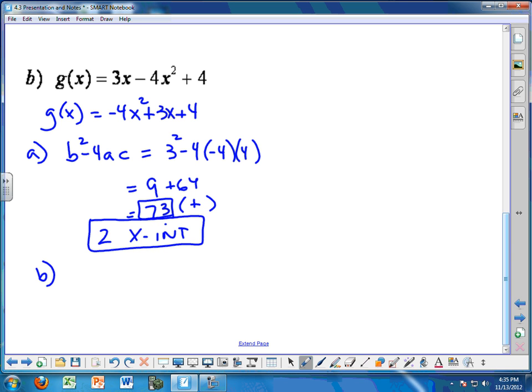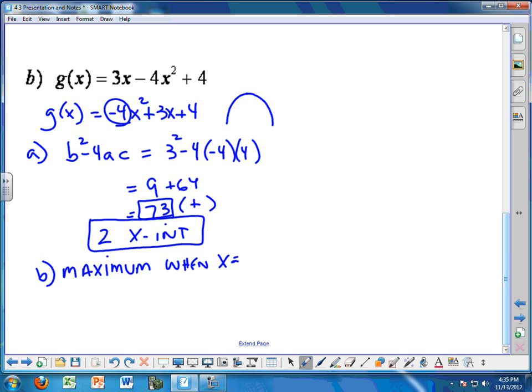Next, we want to find out if there's a max or a min. Well, because this leading coefficient is negative, we know the graph is going to do this. It's going to open down. So there will be a maximum when x equals, well, we have to figure out what that's going to be.